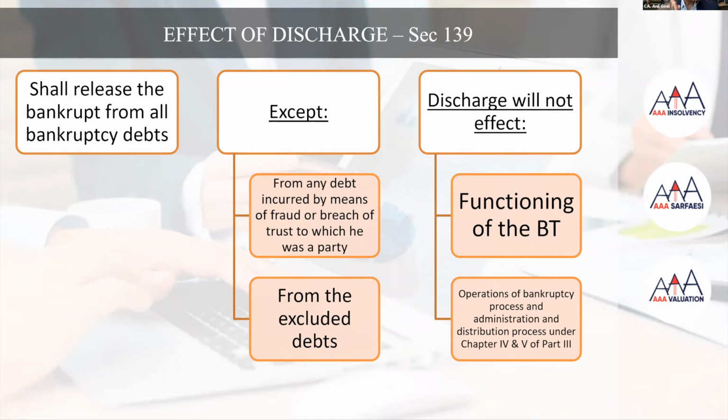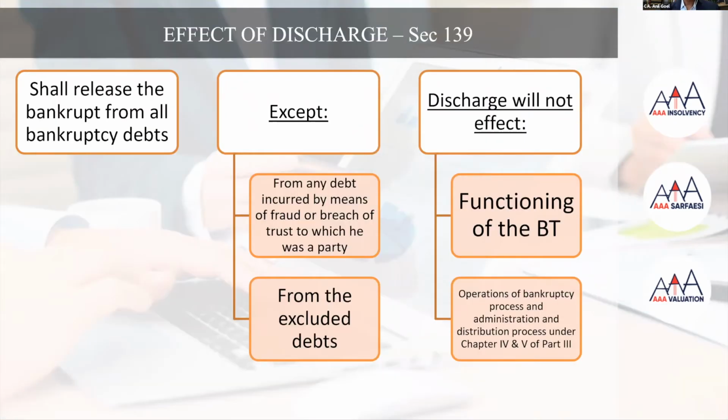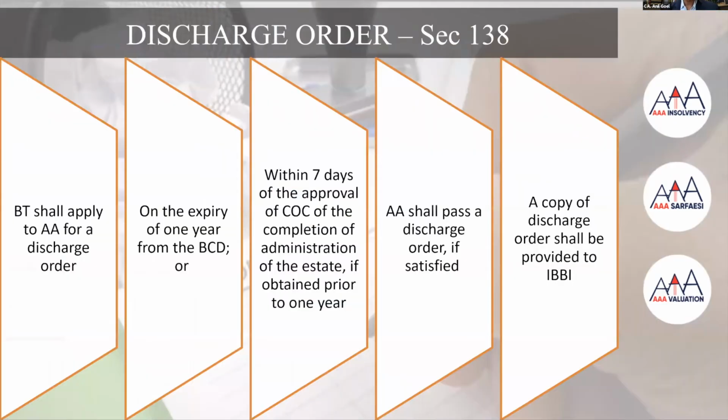We had seen excluded debts, in case you recall: fines, penalties, all that were excluded debts. This discharge will not affect the functioning of the BT, and the bankruptcy trustee would continue. That's a very, very important part: the bankruptcy trustee would continue and the discharge would be given to the bankrupt.